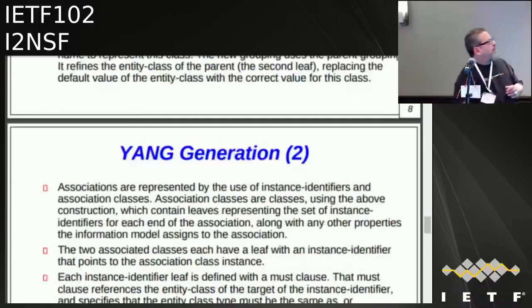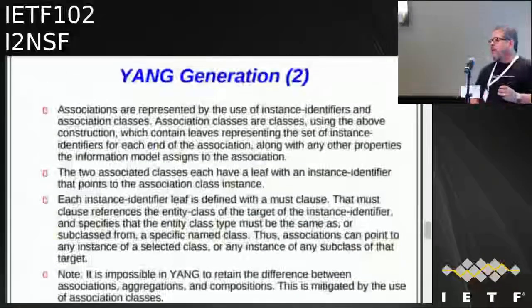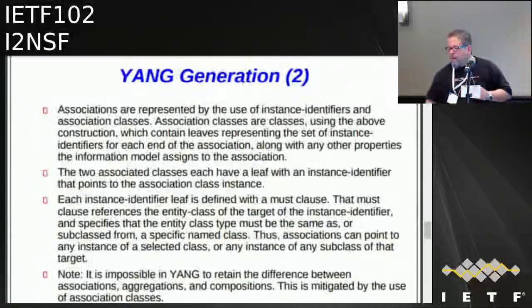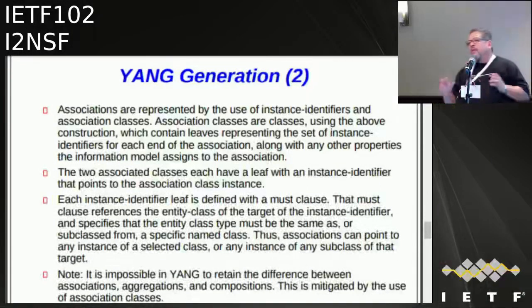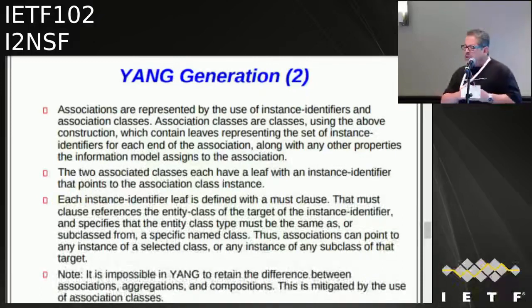The third point is associations. These are a little more complex, and again, if you want to talk to me, I'm making myself available. But what we do is basically combine the first two steps. So we define a new class that represents the association class.